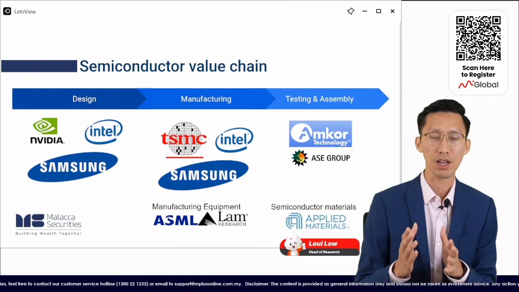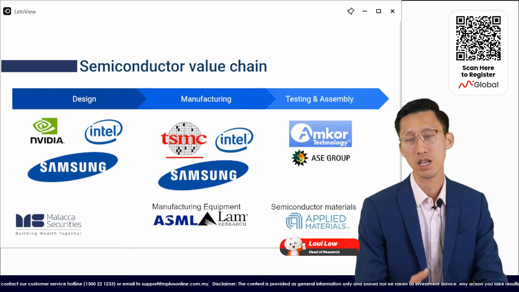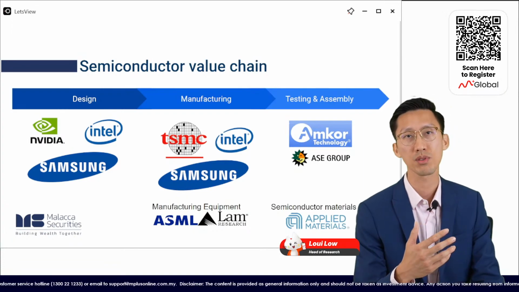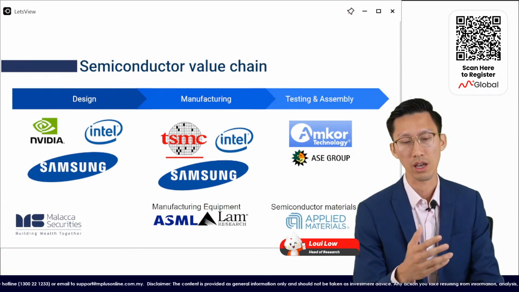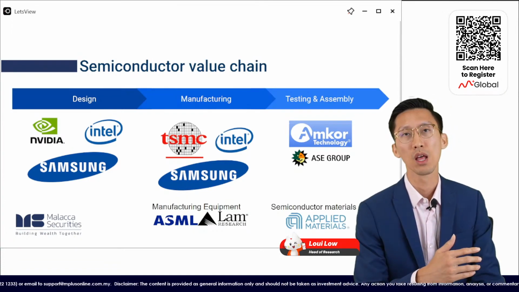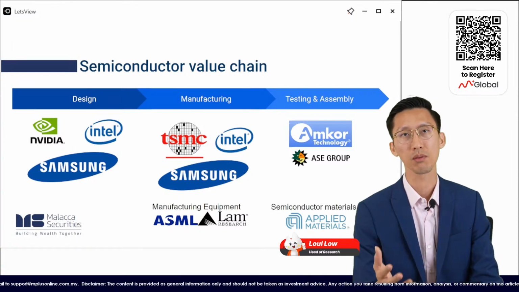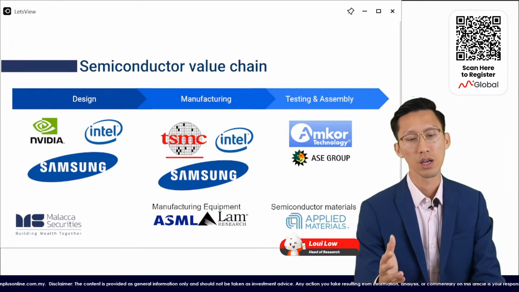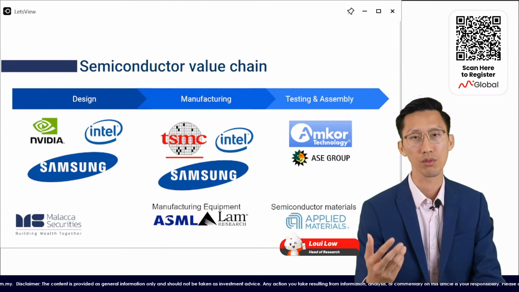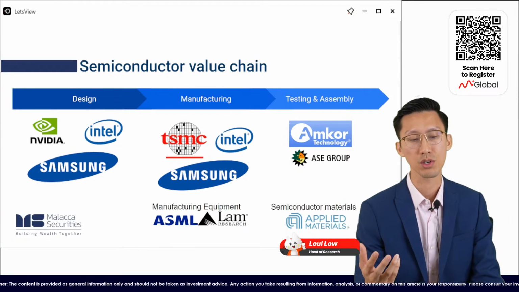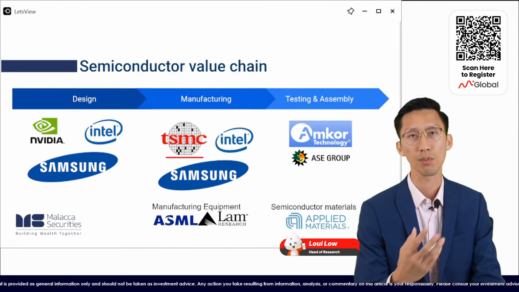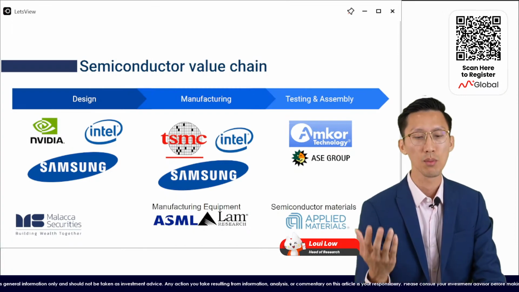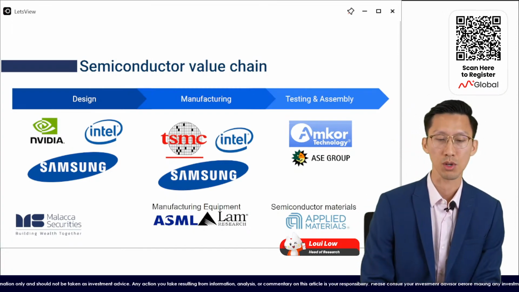Within the manufacturing segment, you can see TSMC is one of them. TSMC has gotten a lot of deals from different big tech giants in the world, and it is one of the manufacturers that has been helping a lot of people produce these semiconductors.